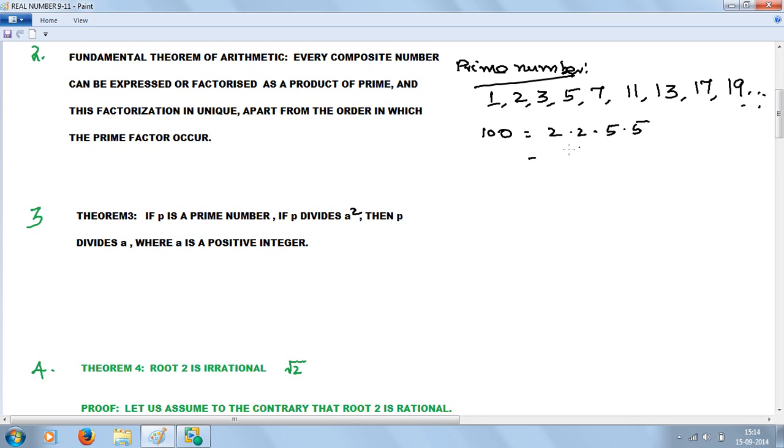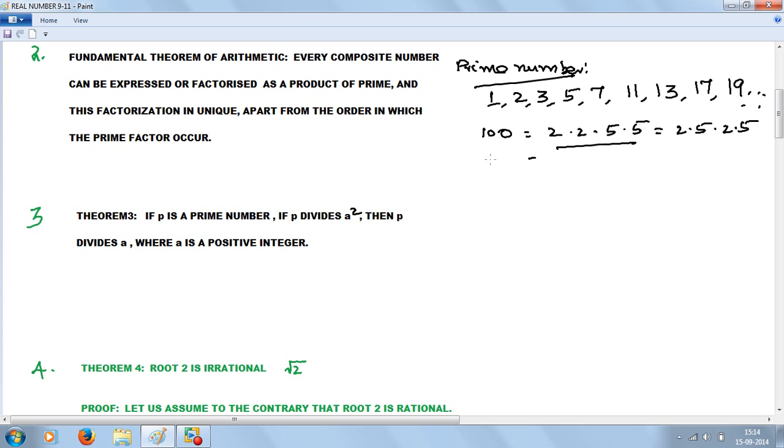We can only change the order. We can say 2 multiplied by 5 multiplied by 2 multiplied by 5. The order can change, but the prime factors of every composite number are unique. If you use these 2, 2 and 5, 5, the product you will get is only 100.